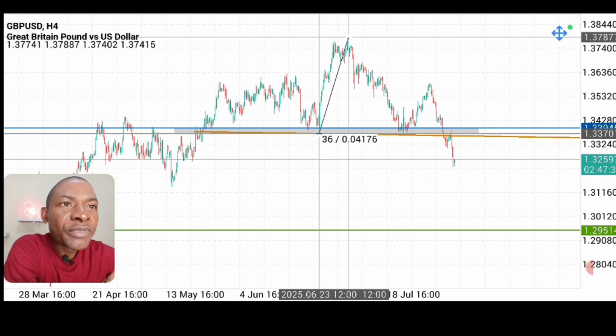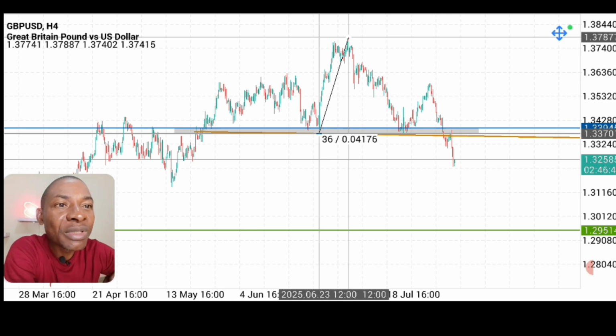We can see from the highest point here to the neck region here, we're having about 417 pips. That is what we're having, 417.6 pips. So in that case, you measure that equal distance from the neck region to the downside. That will show you the exact target that we are heading to.